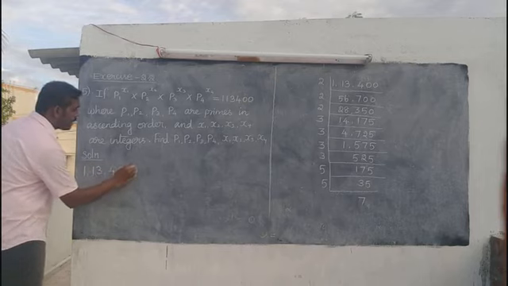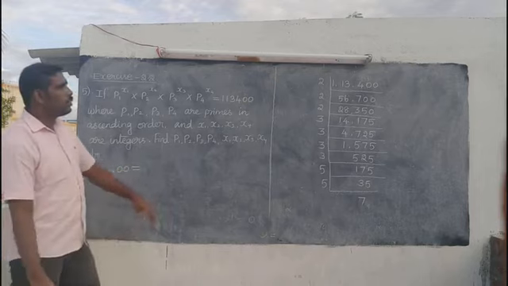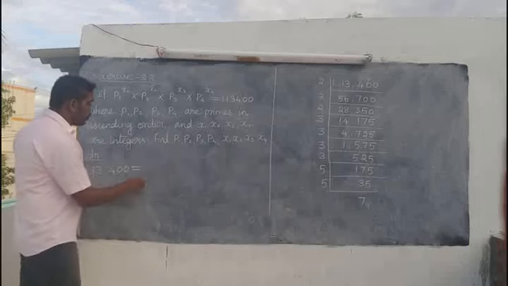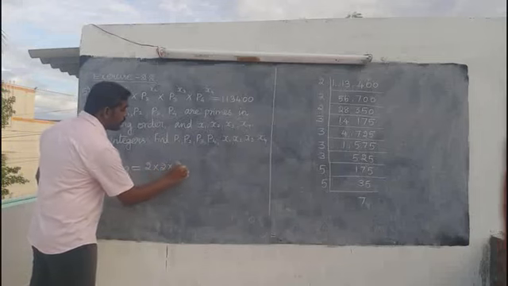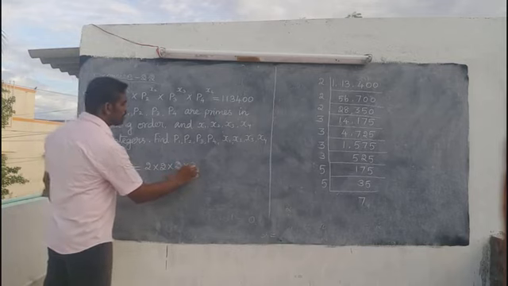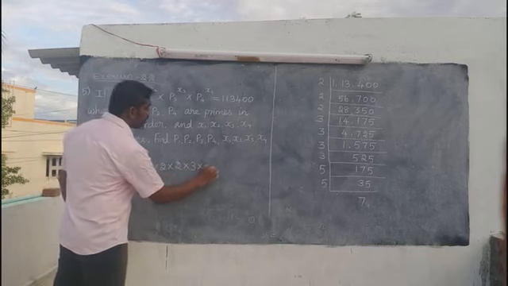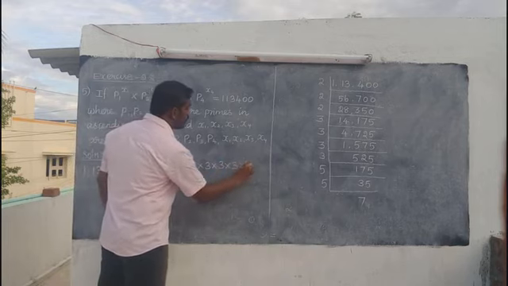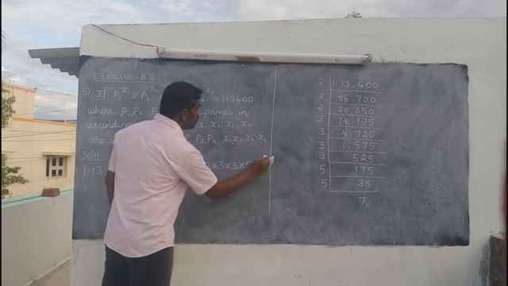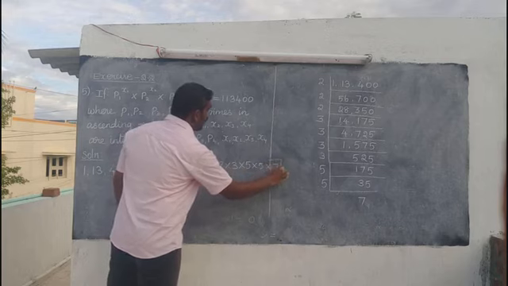So our given value 1,13,400 can be written as: 2 how many times? 2 three times, so 2 into 2 into 2. Then 3 how many times? 4 times, 3 into 3 into 3 into 3. Then 5 how many times? 2 times. Then 7, 1 time.